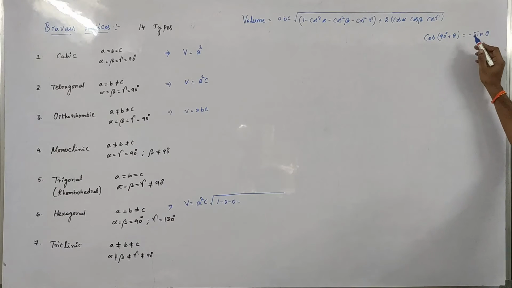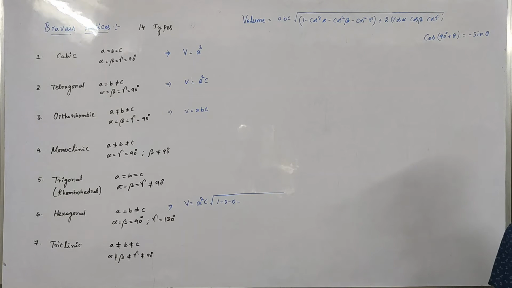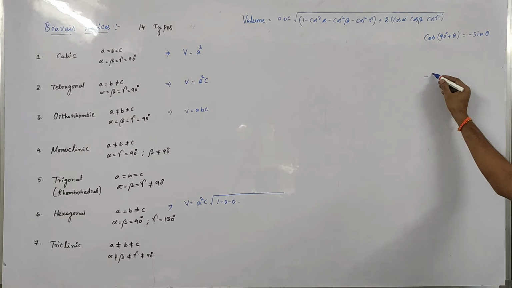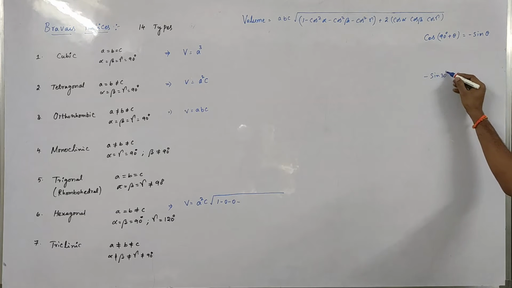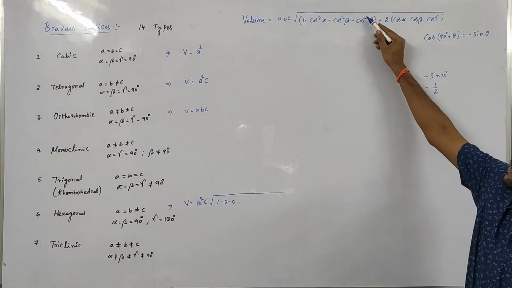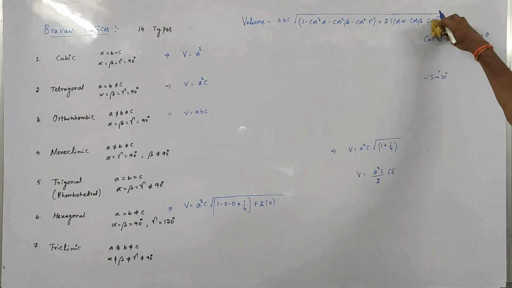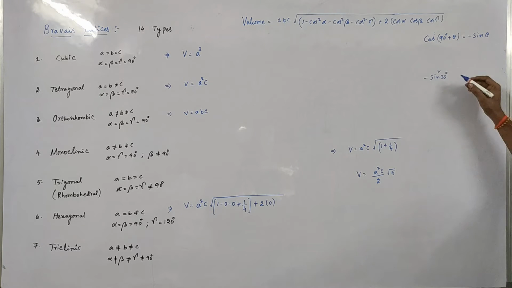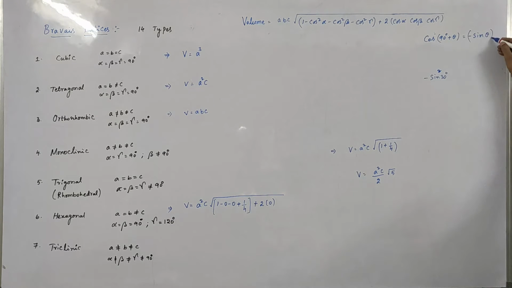So 90 plus 30 means minus sin 30. Sin 30 means 1 by 2, so minus 1 by 2. I need to square it, plus 1. If I take squaring on both sides, what you get?